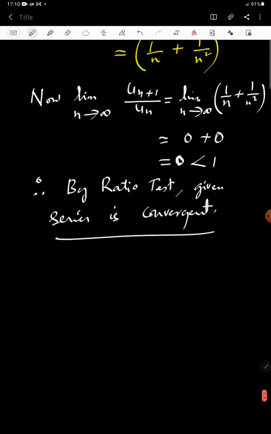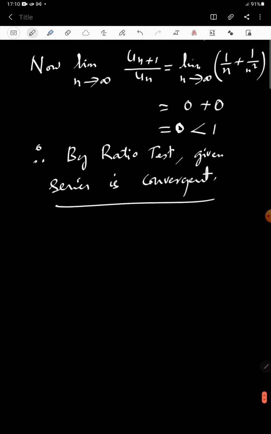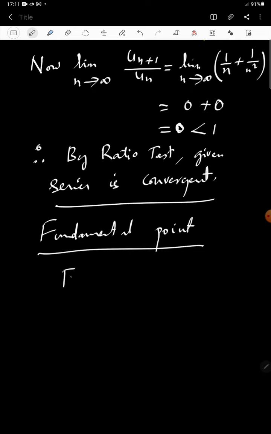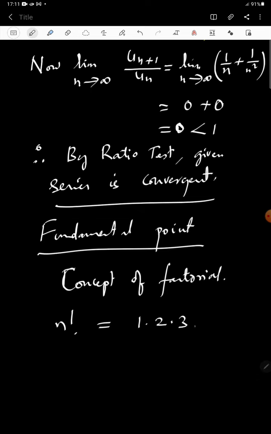Whenever a factorial comes, we will apply this particular ratio test, and the factorial is fundamental. The fundamental point is the concept of factorial: n factorial is nothing but 1 into 2 into 3 and so on up to n.